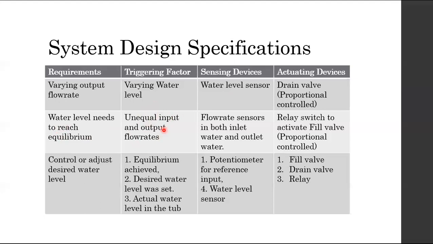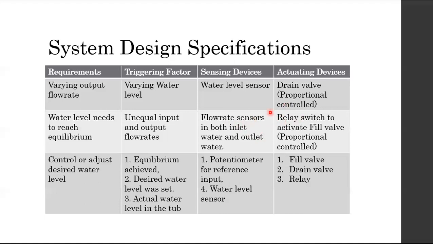So para ma-achieve yan, ano ang kailangan nating device? So kailangan natin ng flow rate sensors both sa inlet water at saka sa outlet water. Okay? So kapag na-sense na natin, no, na nadidetect na natin kung ano yung flow rate ng bawat isa, okay? Anong gagawin naman natin? Anong sunod nating gagawin? Okay?